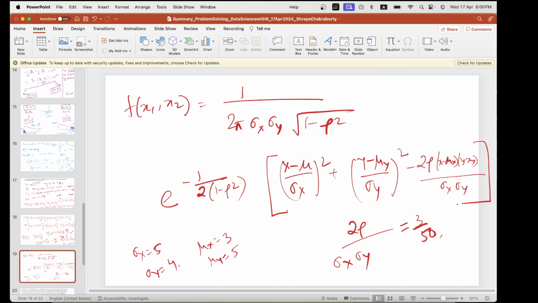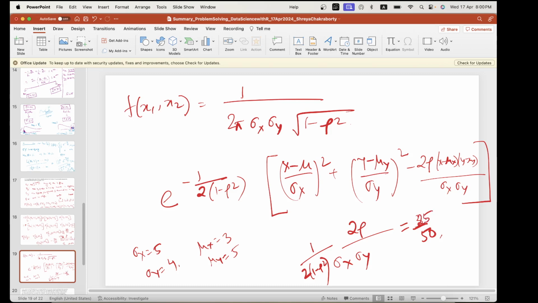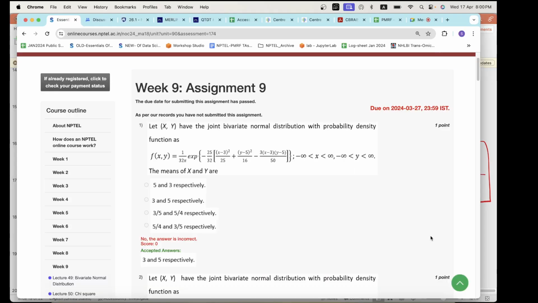If I write it in this manner, 1 by 2 (1 minus rho square) into this thing should be equal to 25 by 32.